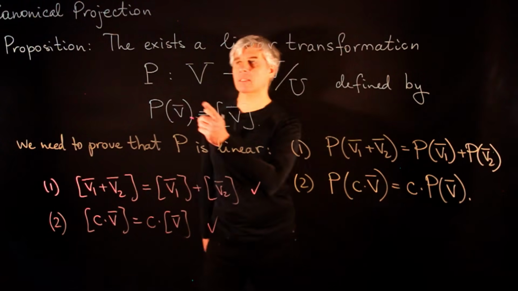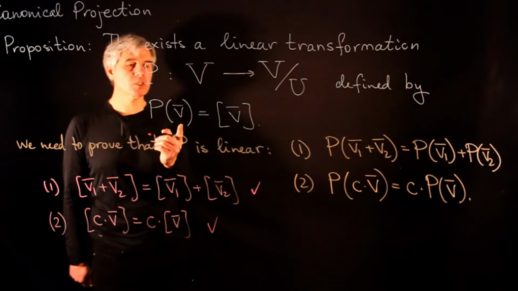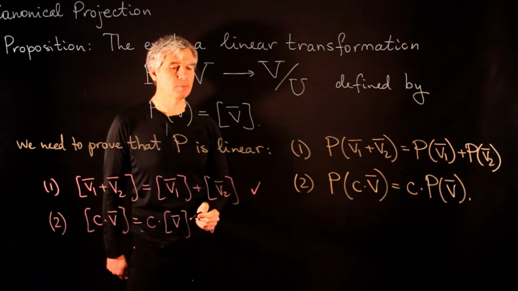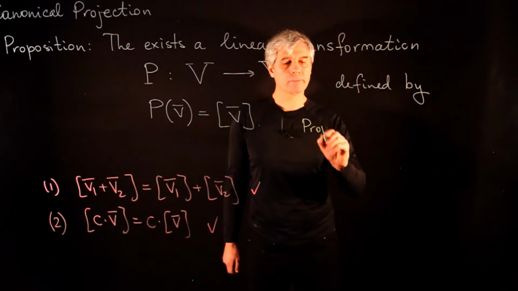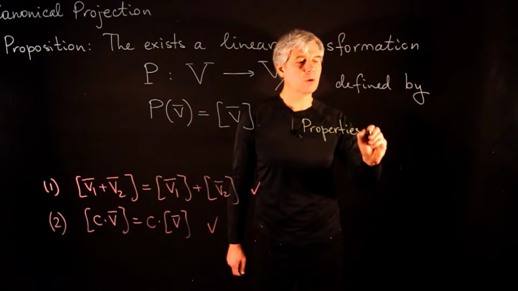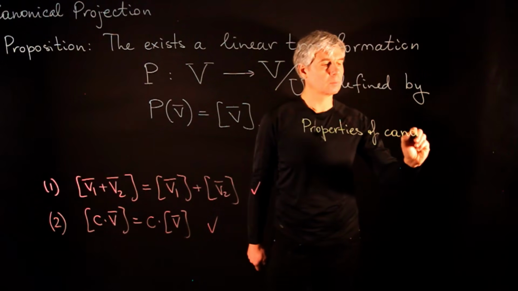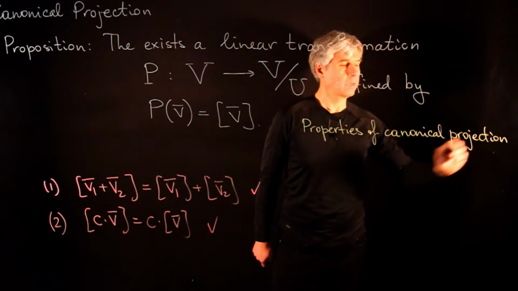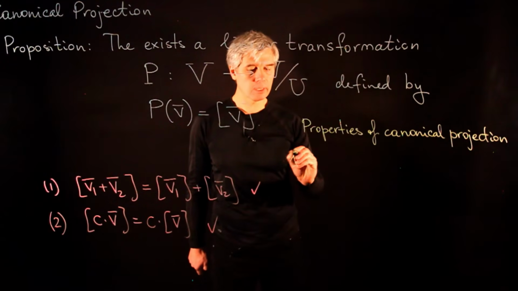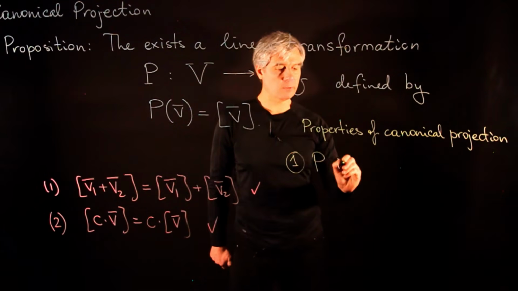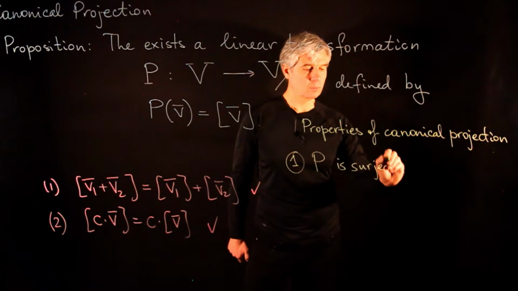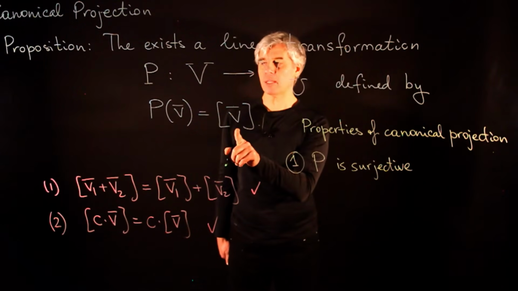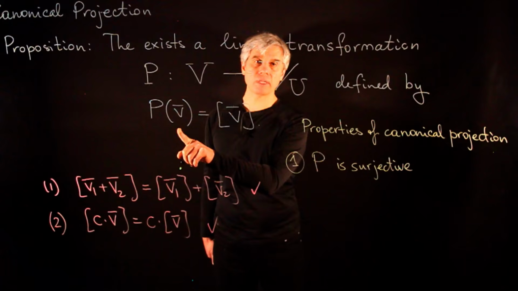So this tells us that this canonical projection P, where we associate to each vector its equivalence class, is in fact a linear transformation. We see the following properties of canonical projection. First of all, the canonical projection is surjective. This is obvious because an equivalence class of vector V has as a preimage vector V itself.